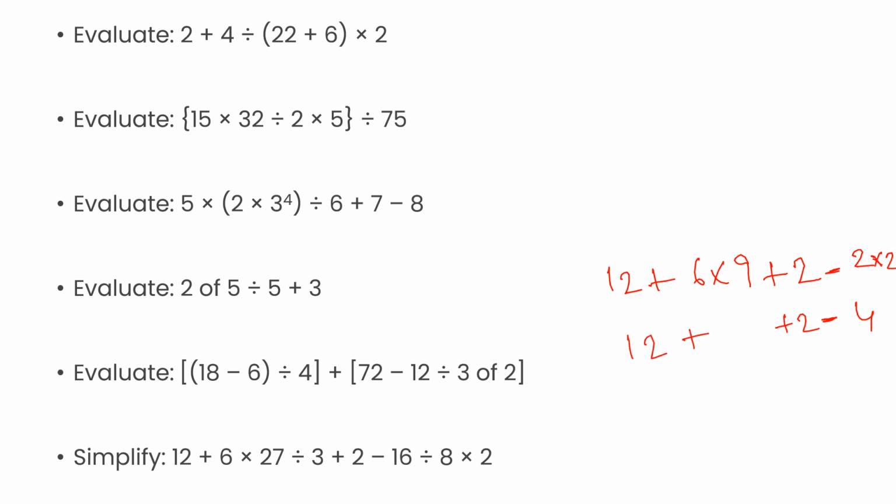Then 12 plus 9 sixes are 54. 54 plus 12 is 66, plus 2, 68, minus 4, 64. What we got earlier also.